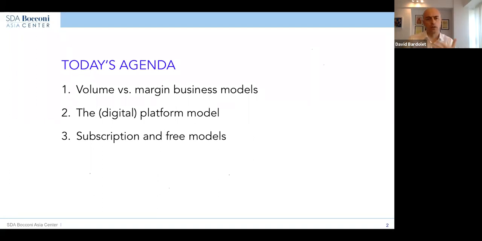And then later on, a little bit of examples and discussion about different variations of that platform model and typical business models that we call subscription models or freemium models and so on. So all of this, obviously, when I mention the examples for these business models, you'll recognize them immediately because they are very, very popular, right?